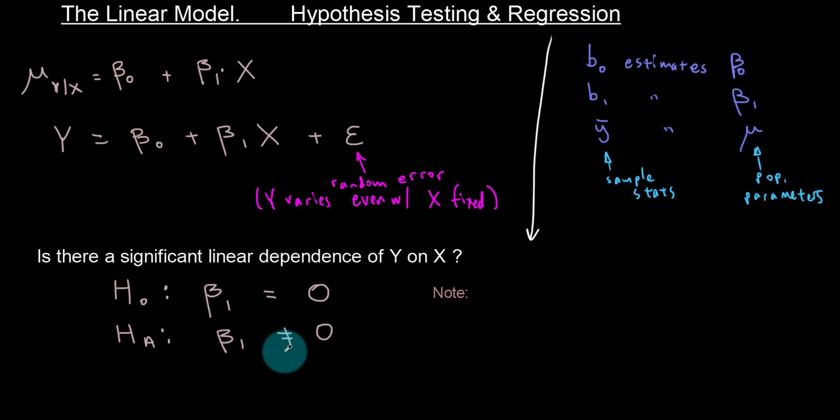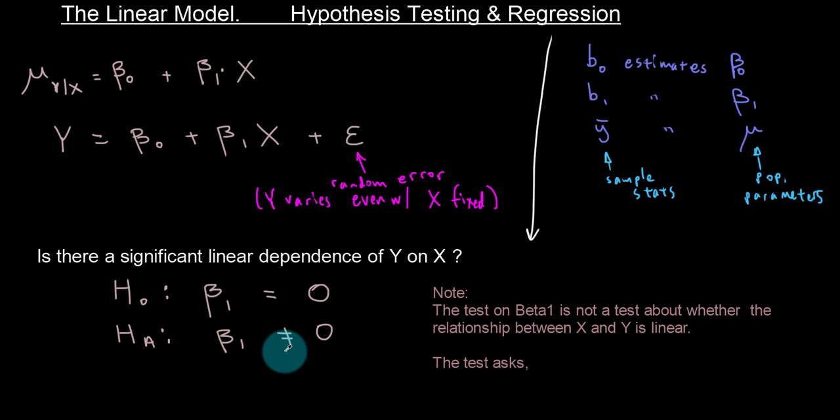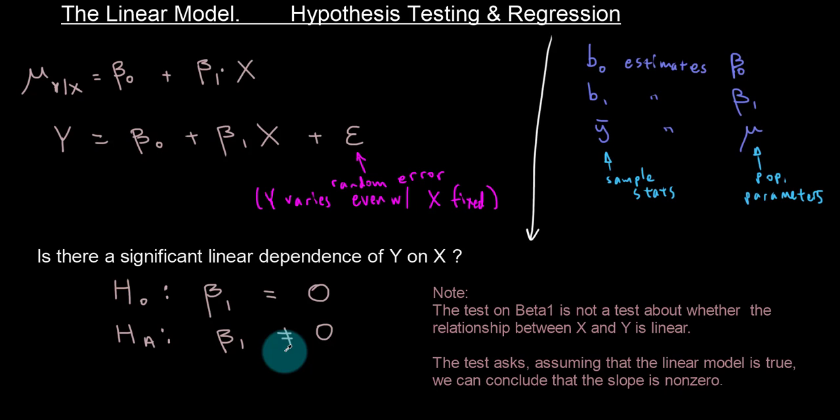A couple notes regarding this hypothesis test is that the test on the slope, beta 1, is not a test about whether the relationship between x and y is linear. Actually, the test asks that under the assumption that the linear model is true, can we conclude that the slope is not 0.